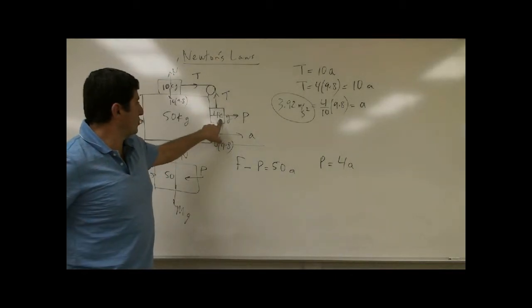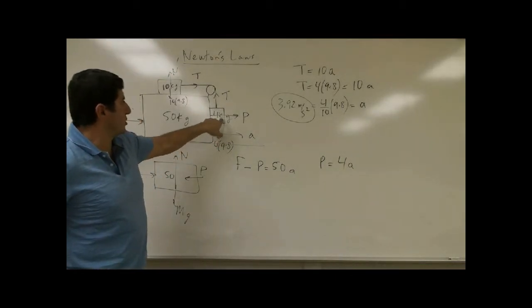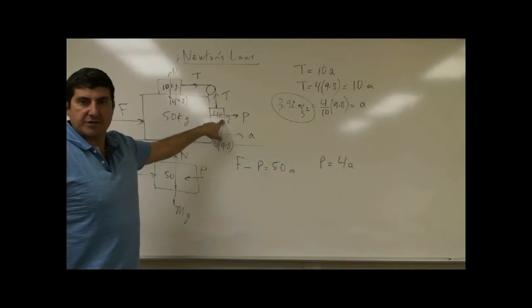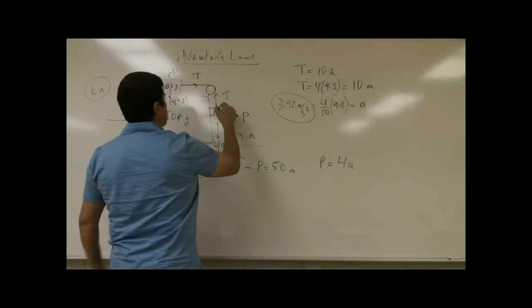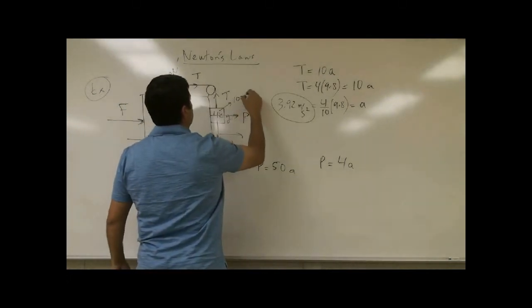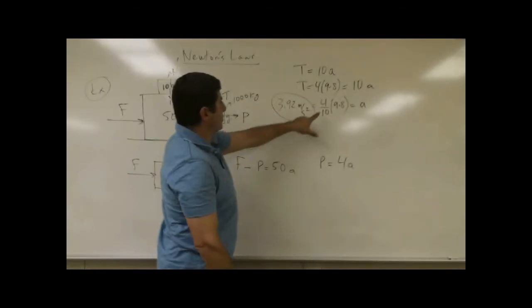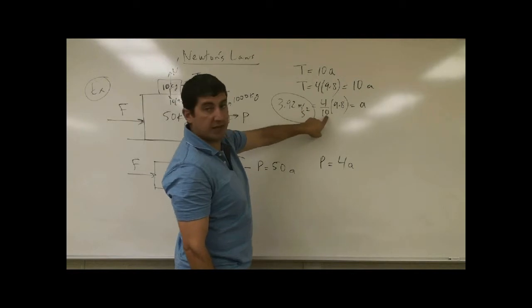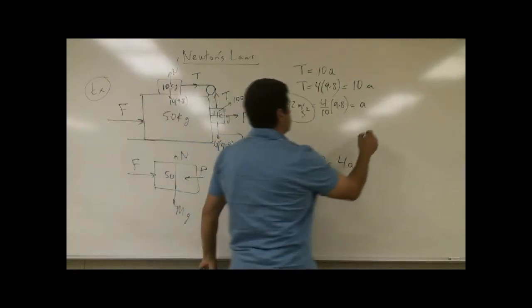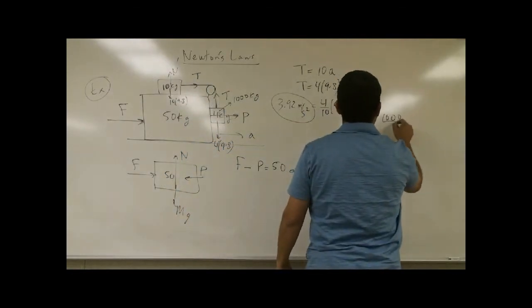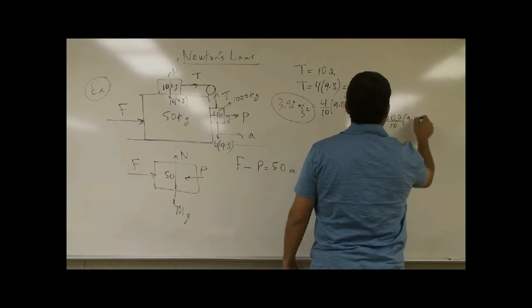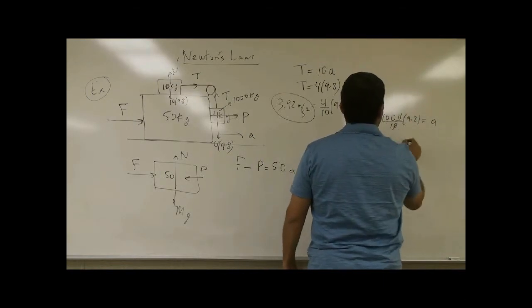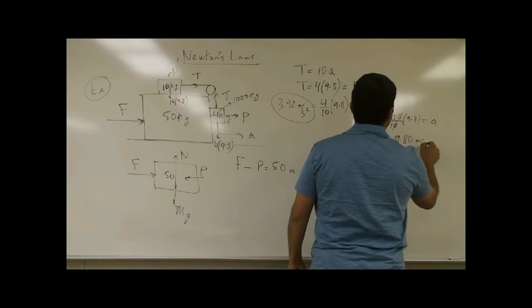If this was heavier, what would happen? 10 kilograms, 100 kilograms, 1,000 kilograms. Let's just say for the sake of argument, it was 1,000 kilogram. Then 1,000 over 10 would be 100, right? 1,000 over 10 times 9.8 would be 980.